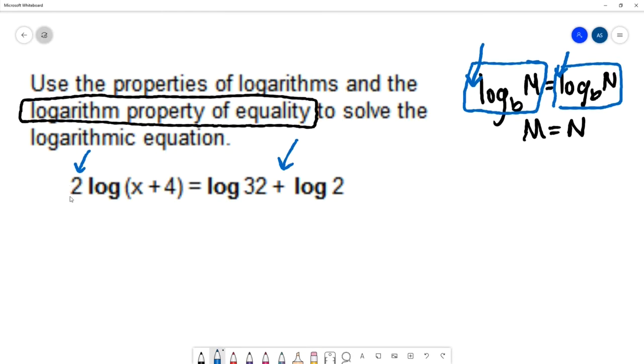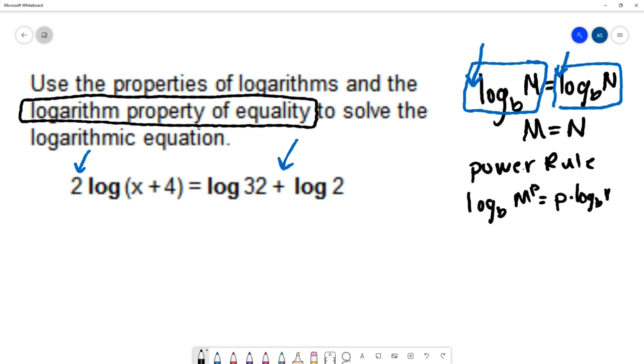I'm going to take care of that too with what we call the power rule for logarithms. And the power rule for logarithms is when you have log base b of m to a power. That's the same as the power times the log base b of m.